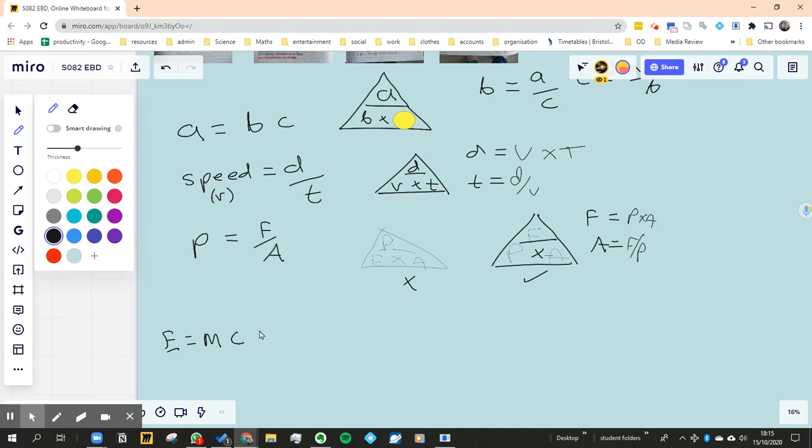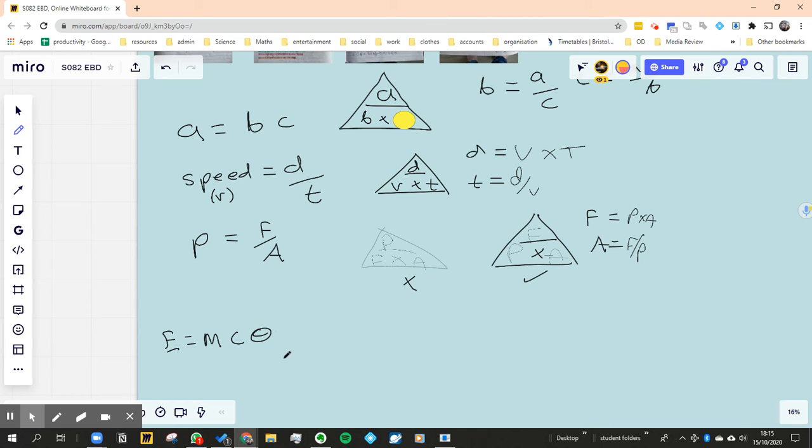It used to be that it would be this symbol, theta, and in fact it still is. So basically theta just means temperature change, and so does delta T. The reason they switched to delta T is because they introduced the idea of delta. Delta means change in, T means temperature.